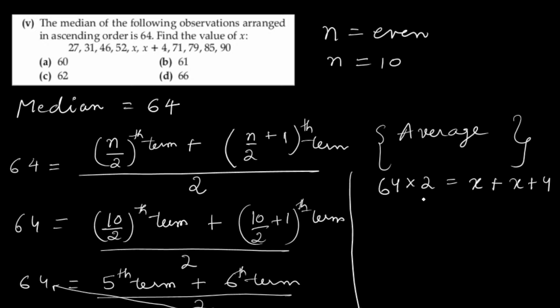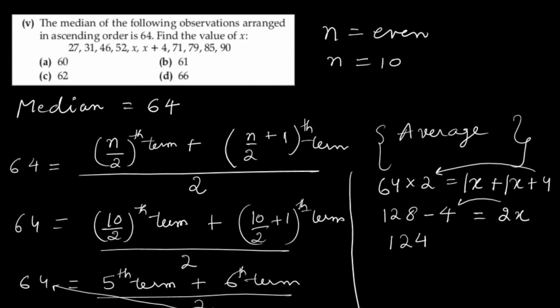So 64 into 2: 4 into 2 is 8, 6 into 2 is 12, so 128. I'll shift this 4 to this side because we have to find the value of x. Plus 4 becomes minus 4, and x are like terms, so 1x plus 1x is equal to 2x. 128 minus 4 is 124.